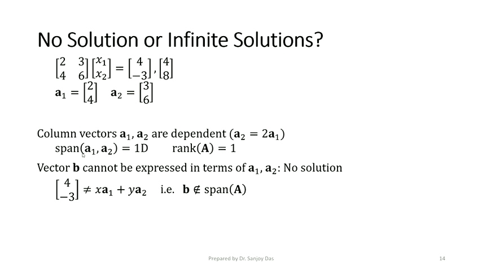Oh, but the B is 4 and 8. 4, negative 3 and 4, 8. So in the case of infinite solution, the B is 4 and 8. Yes. The span is 1. So how B is belong to span of A? Because the span is 1, and one dimensional. Okay, B is also 1.